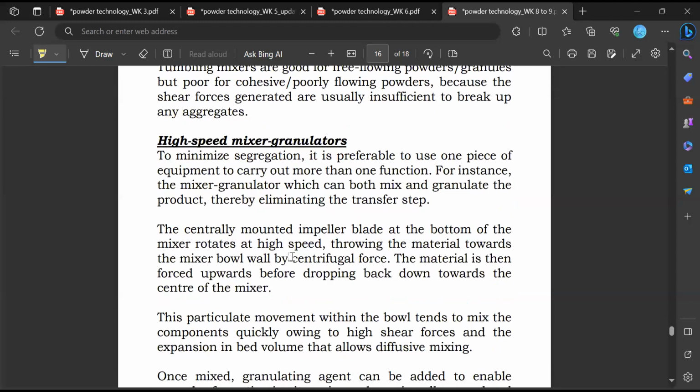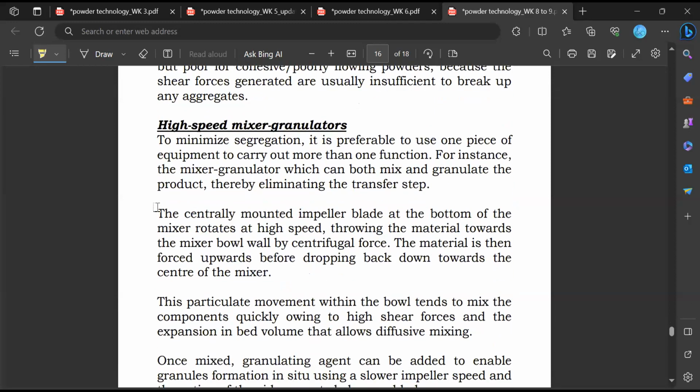Then you have the high-speed granulators. To prevent segregation, because when you're moving the powder from one equipment to the other it can cause vibration and segregation can occur, you usually want one equipment that has more than one function, like the mixer granulator which can do both mixing and granulation.